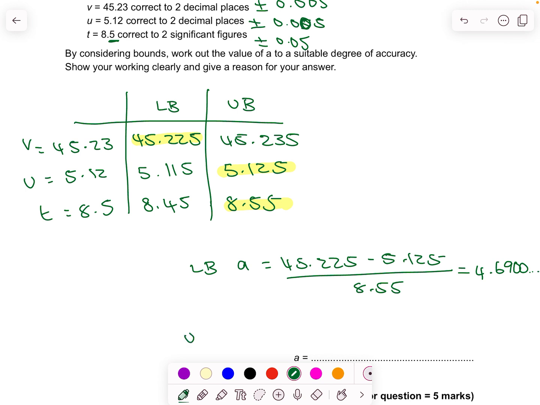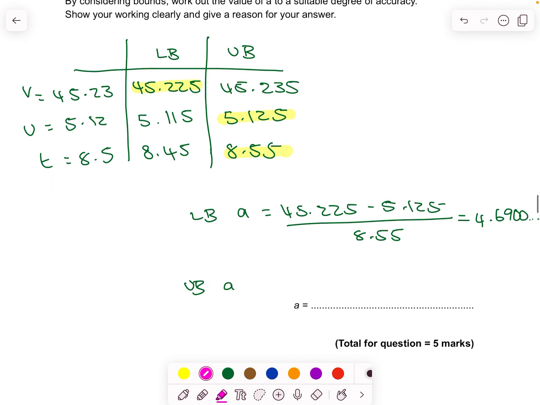Now let's find the upper bound of A. Again, I'll highlight it as I go along so you can see what I had to do. So here I want the highest it could possibly be. So I'm going to take the upper bound of V, take away the smallest U and divide by the smallest T, so that I can make sure it's the biggest number possible.